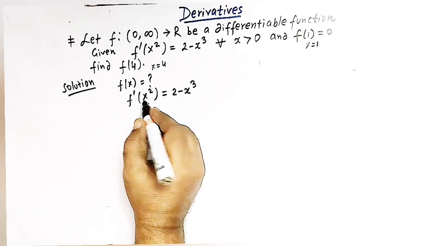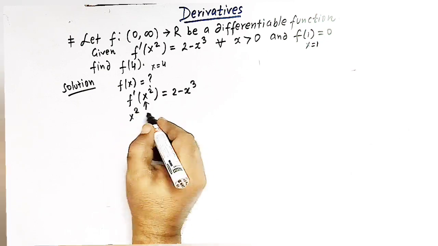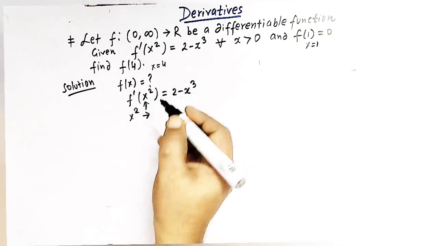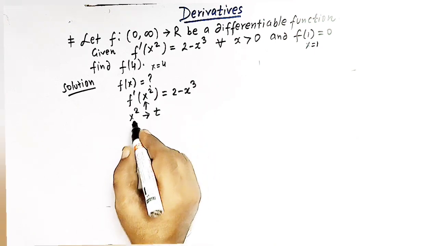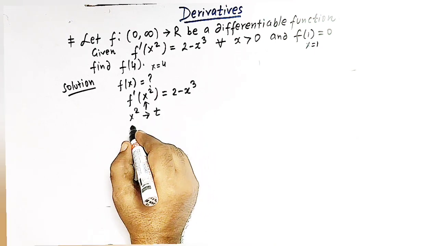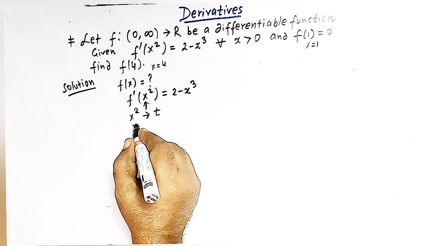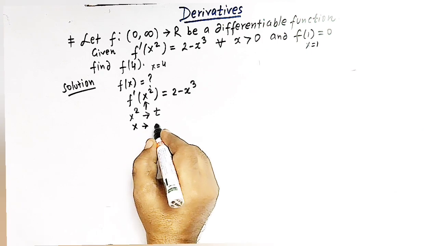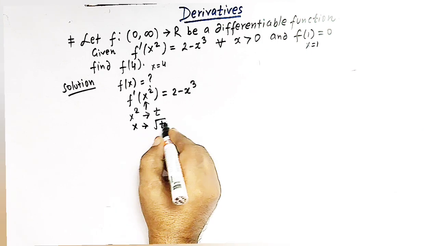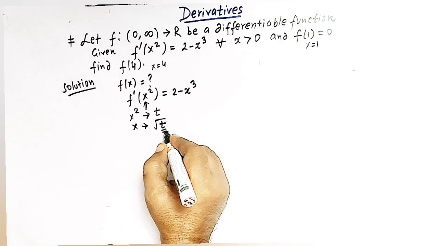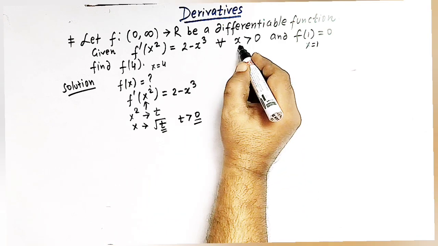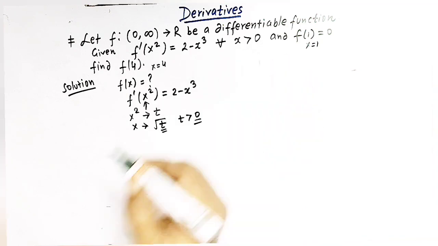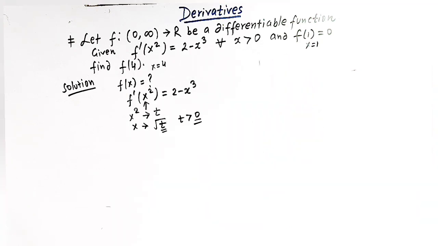So let us replace this x square by some other variable, say t. So we'll replace x square by t, or in other words, x can be replaced by square root of t, and here t is greater than 0, because we are given x greater than 0, right?